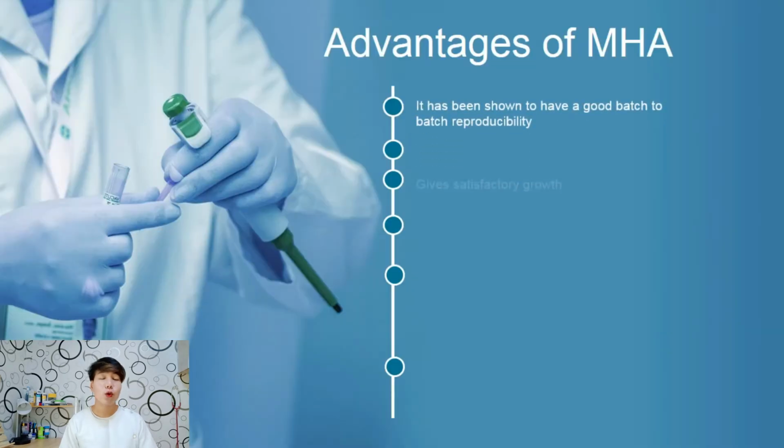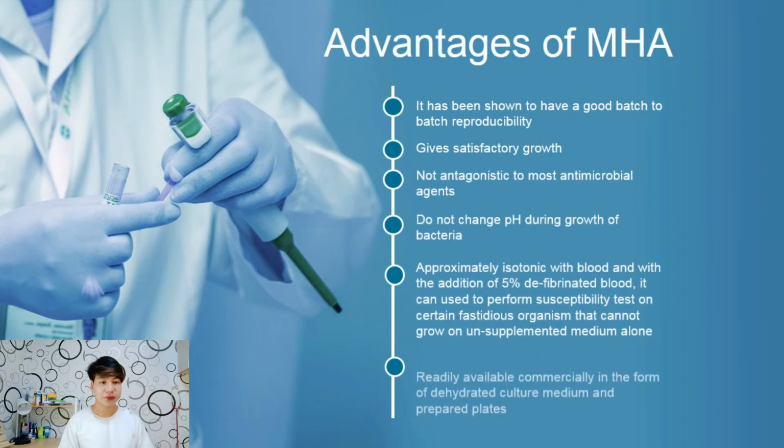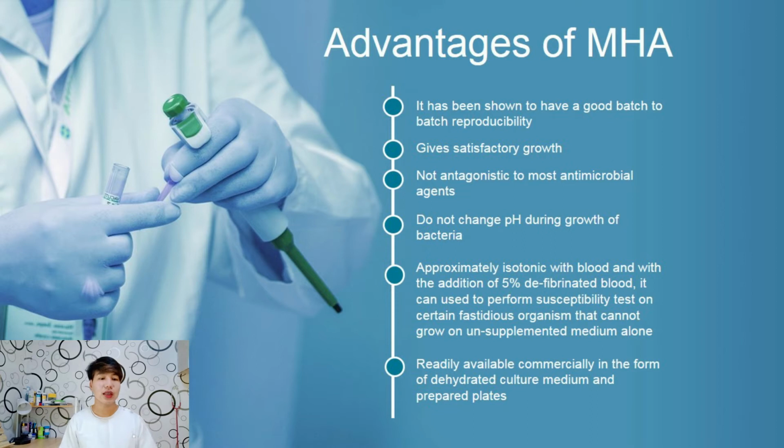So eto yon. What are the advantages of Mueller-Hinton agar? So one po, it has shown to have a good batch-to-batch reproducibility. It gives satisfactory growth and is not antagonistic to most antimicrobial agents. So, eto din, pH does not change during the growth of bacteria and it is approximately isotonic with blood, thus can be used on certain fastidious organisms that cannot grow on unsupplemented medium alone.